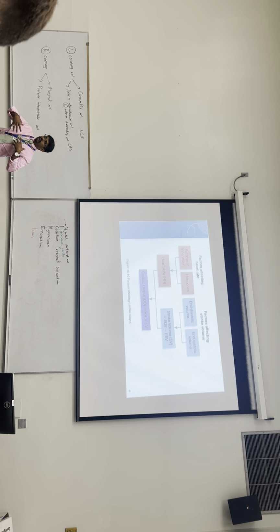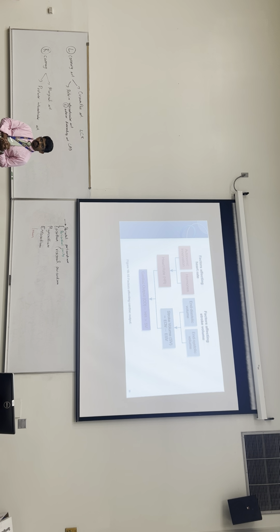So is all of the blood that arrives in the ventricle pumped out? The answer is no. There is still some blood left after the ventricles have contracted. This is called end systolic volume, because it's after systole.